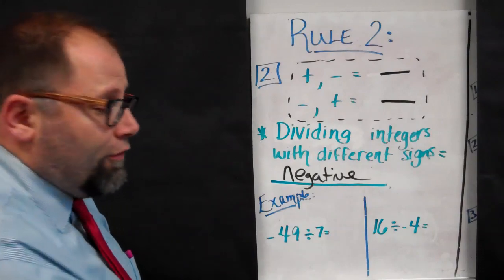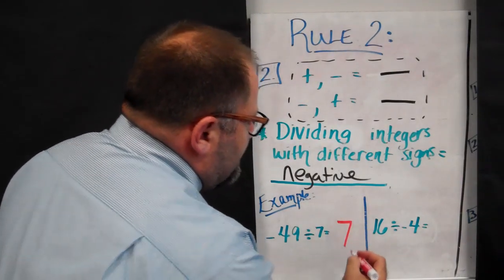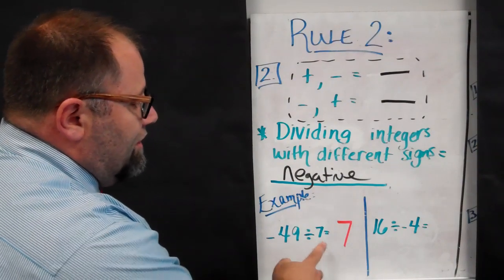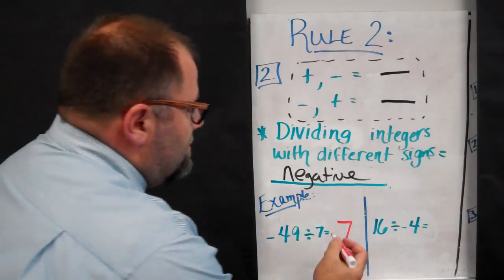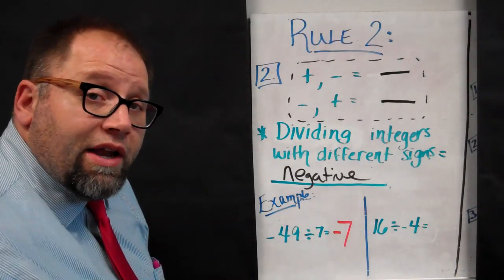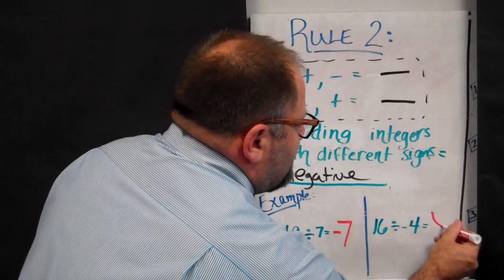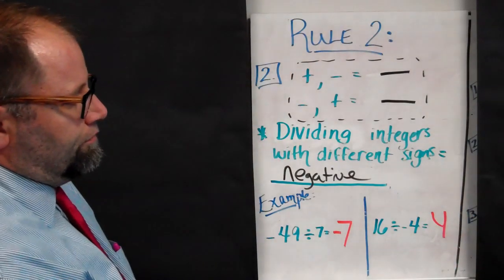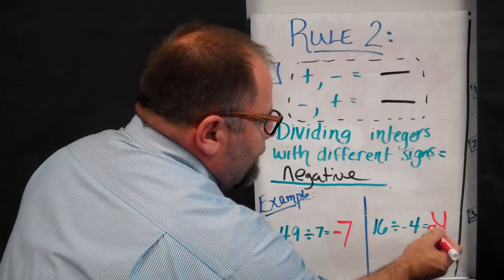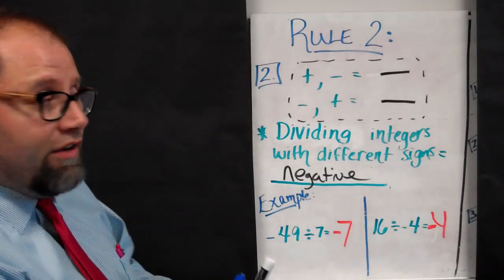I always do the math first. 49 divided by 7 is 7. Then I check my signs. I have a negative and a positive. Different signs, negative answer. Here we have 16 divided by negative 4. Math first. 4. Positive sign, negative sign. Different signs means negative answer.